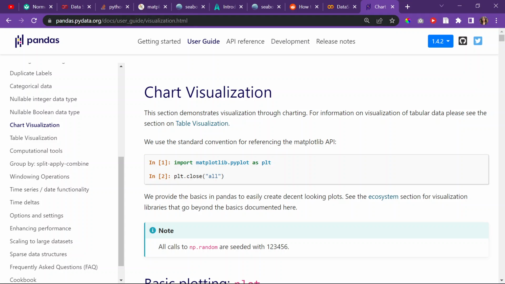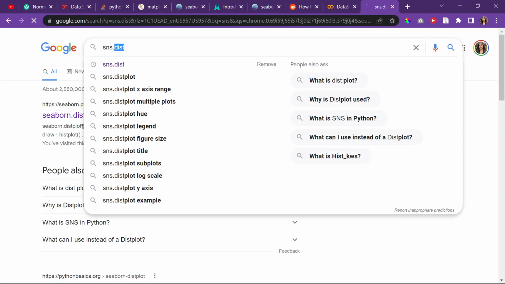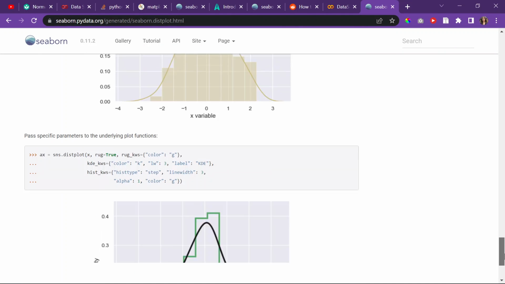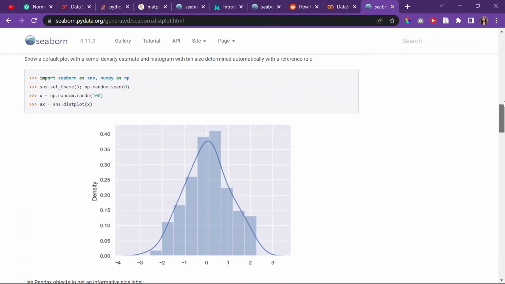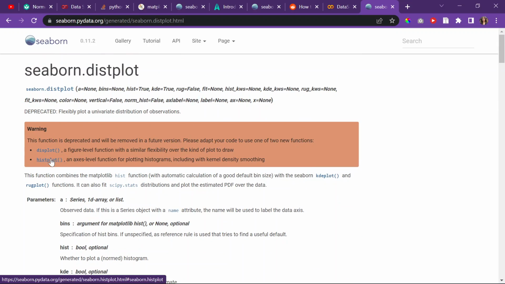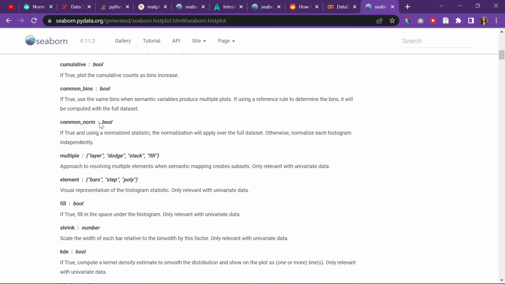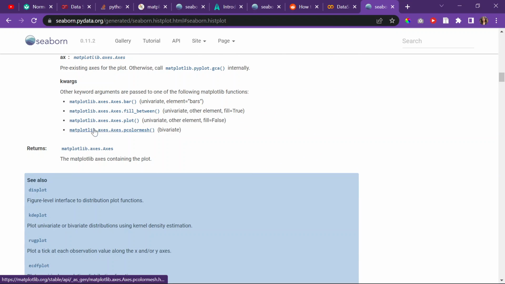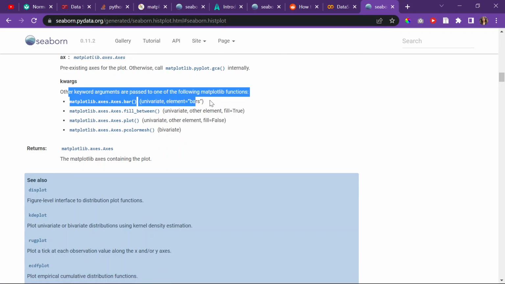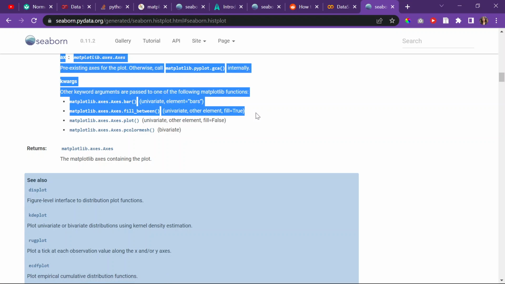Okay, how about SNS? No, Seaborn, I guess, and then look downwards to see other SNS functions. This plot somewhere over here. No, that's not that. One of the following macro functions. Axes for between axes dot plot.